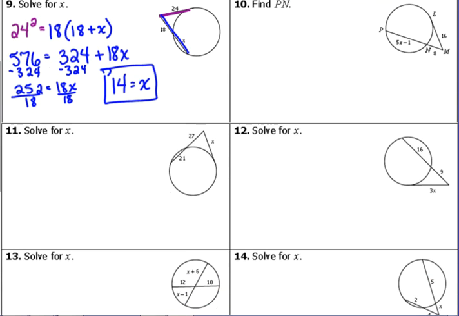Let's look at number 12. Number 12, solve for x. Okay, the tangent here, we square that. Notice I'm going to put it in parentheses. Because it was 3x, I have to square the 3 and I have to square the x. The secant, so it's little piece times the whole, 9 plus 16.